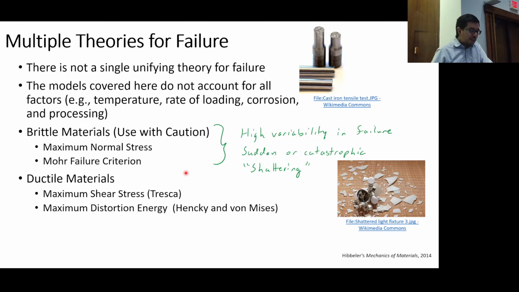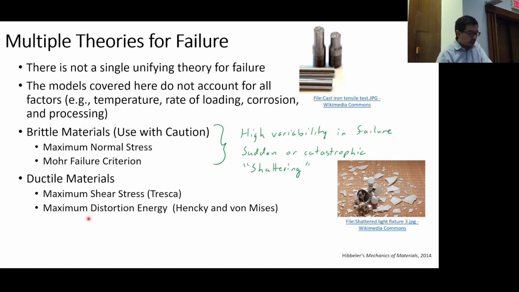Now, for ductile materials, we're going to discuss two different failure criteria. One is the maximum shear stress theory that we will discuss some today. Tresca is the name you will hear associated with this. You can even go into your finite element packages and they will give you the Tresca stress, the Tresca equivalent, which tells us the maximum shear stress at all those different elements.